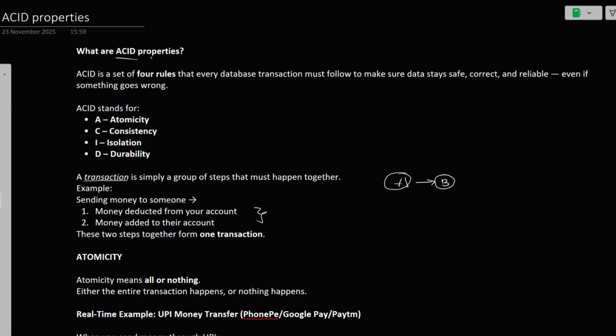Now let's understand what ACID properties are. Let's say that you went to a bank to deposit 10 lakhs. You can't directly go to a bank employee and say, I have 10 lakhs, please deposit it into my account. There are some rules you need to follow.